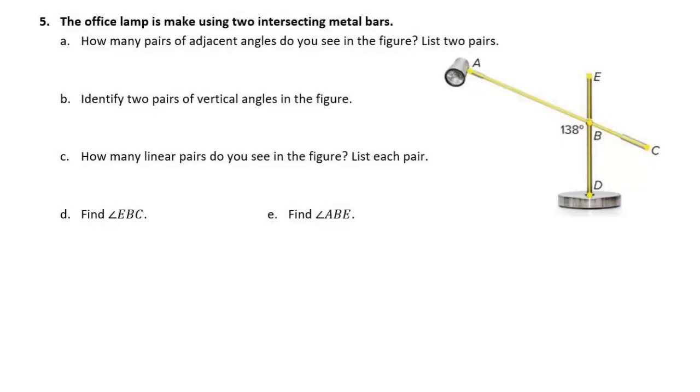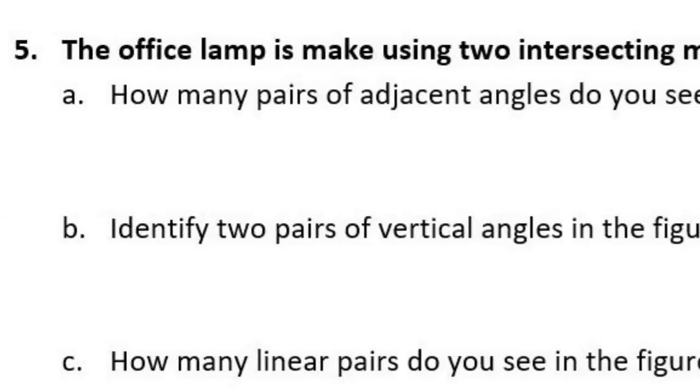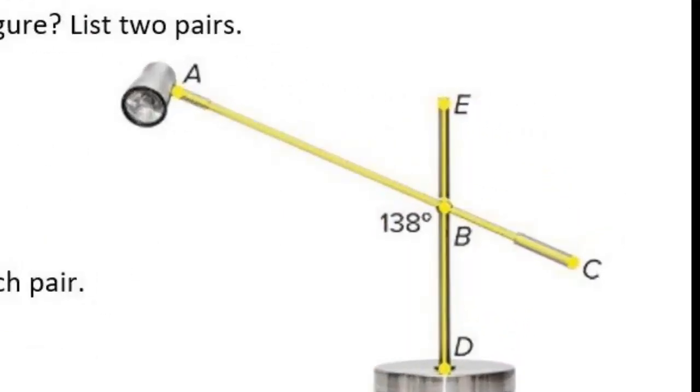All right, let's start off with adjacent angles, though. That's the first kind that we talked about. How many pairs of adjacent angles do we see in the figure? And then we're going to list two pairs. So I'm going to walk through and look at our adjacent angles, our touching, shared-side angles, and count how many pairs we have. This angle right here, ABE, and this angle right here, EBC.